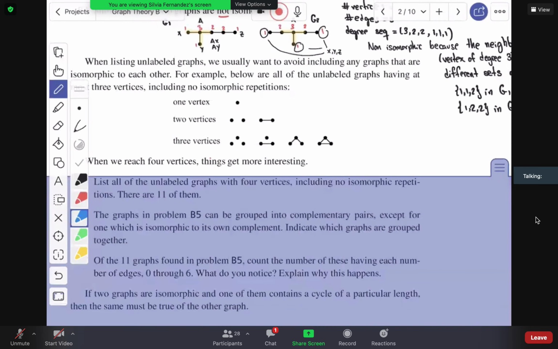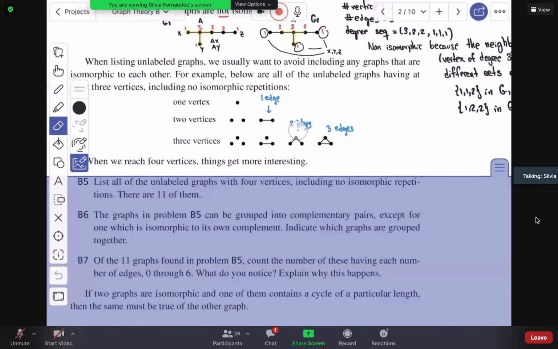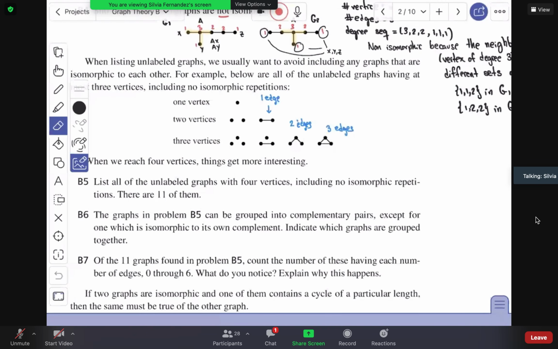We're going to do this for 4 vertices: the ones with one edge, the ones with 2 edges, and then the one with 3 edges. That's one way to organize your counting, by the number of edges.